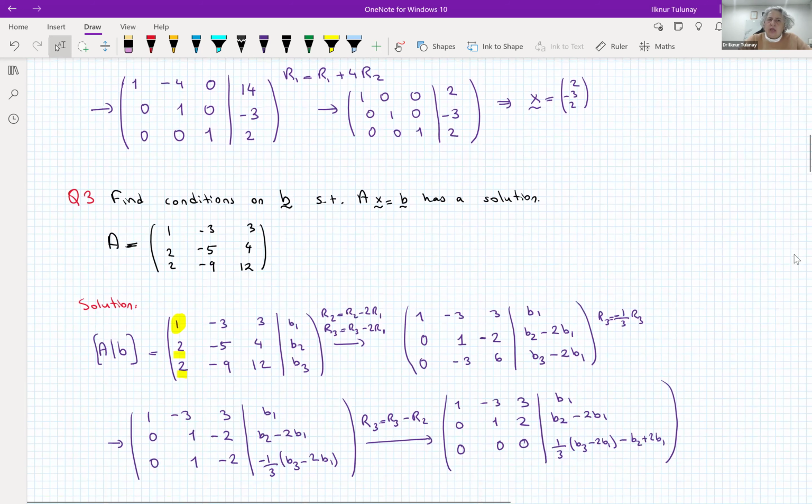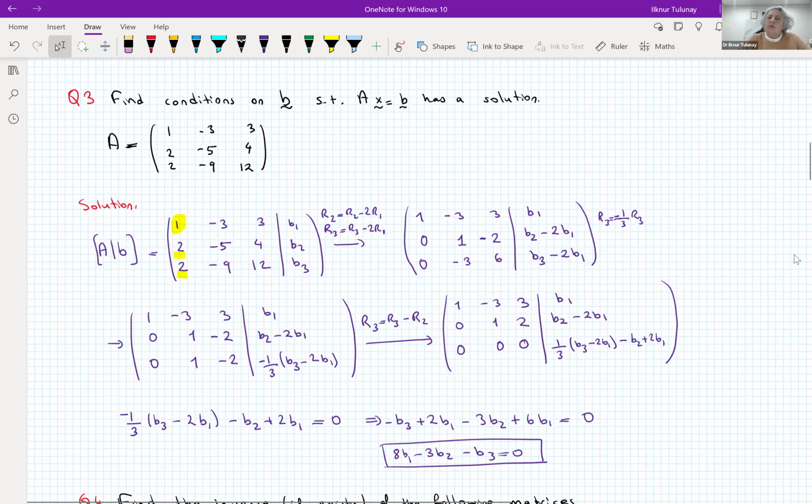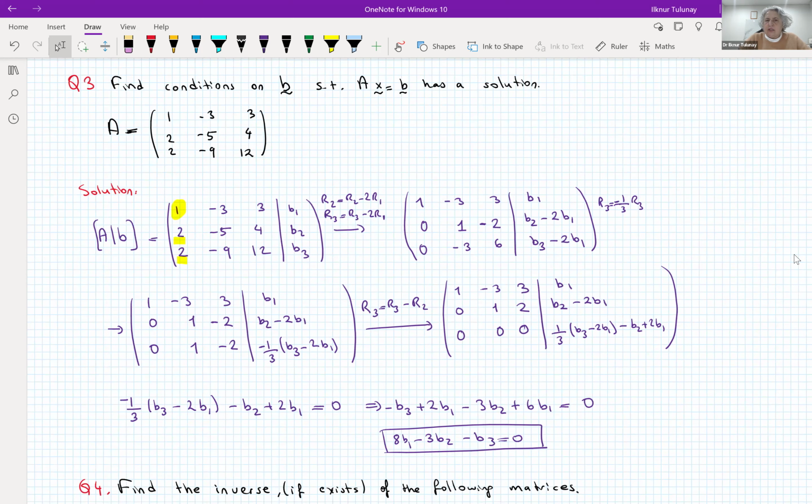This question, you have another 3 by 3 matrix. This time, the vector on the right-hand side, B1, B2, B3, is not known. And we would like to find the condition on B such that this equation system has a solution. So we have the coefficient matrix.